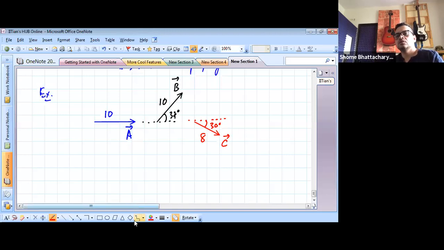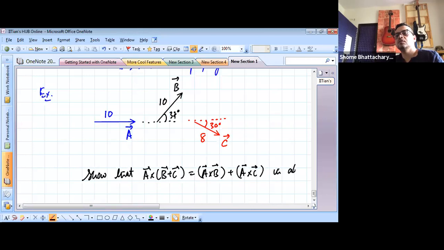Okay. So now show that A cross B plus C is equal to A cross B plus A cross C in the above example.